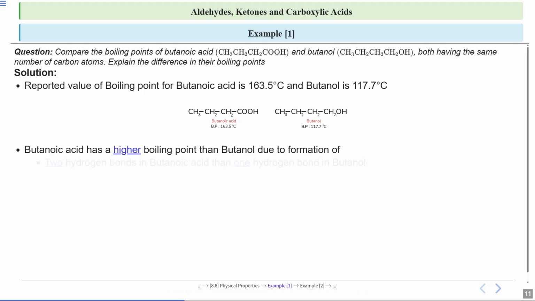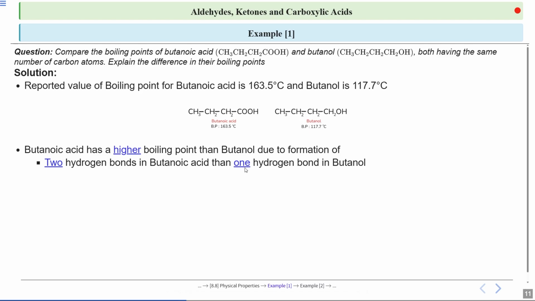This is because of the formation of, first, two hydrogen bonds in butanoic acid. In butanoic acid there are two hydrogen bonds. One is between the oxygen of the carbonyl, which is C double bond O, and the hydrogen of OH of another acid molecule. And the second one is between the hydrogen of the OH group and the oxygen of C double bond O of another acid molecule.